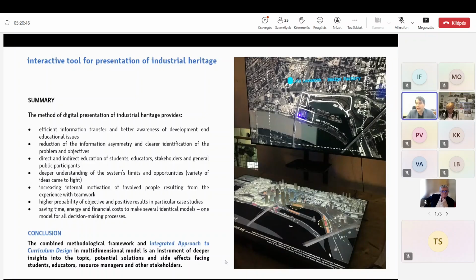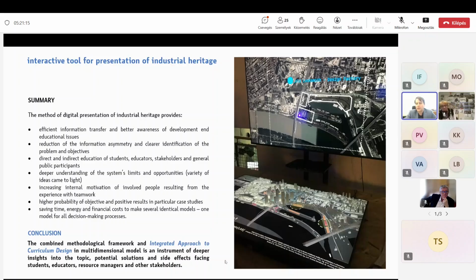A variety of ideas came to light which were forgotten before. Increasing internal motivation of involved people, because everyone wants to work with this kind of model. They didn't have experience before, so it's already very good teamwork. And higher probability of objective and positive results in particular cases.